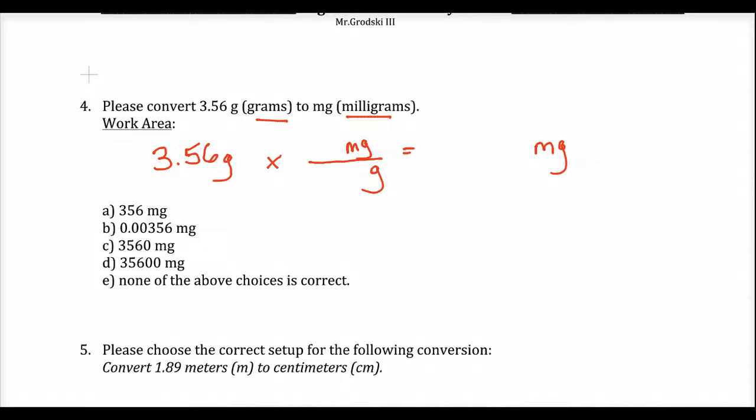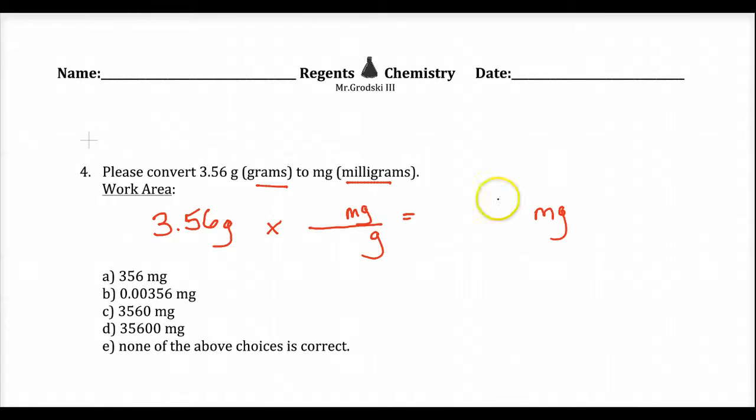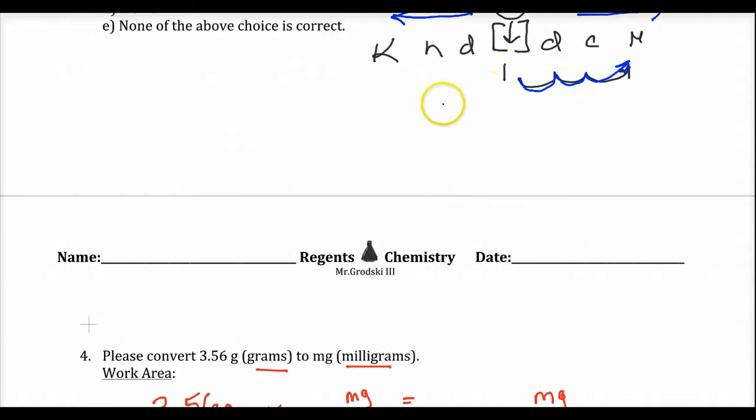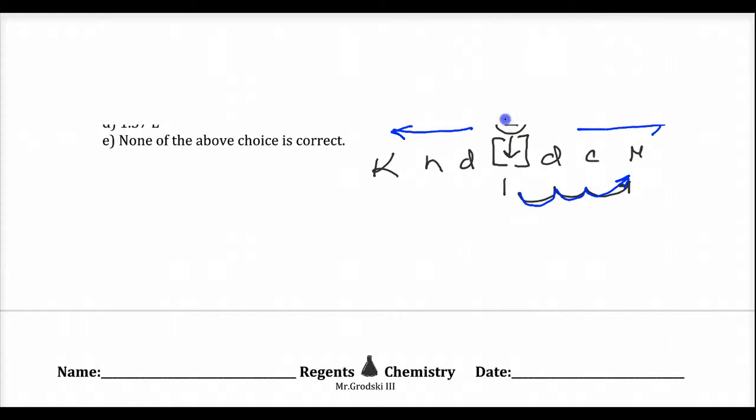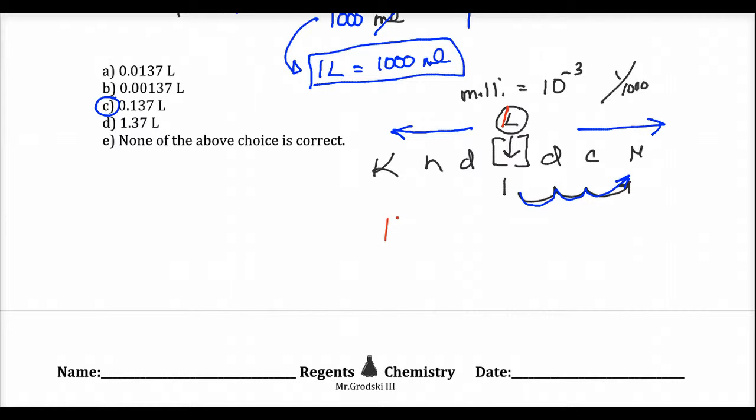Well, a gram, go back to your mnemonic, king, no, I'll go back over here, why not? Let's be crazy and go back. Instead of having a liter right here, let's erase that because that's kind of confusing. So instead of having a liter fitting in this box, we would have a gram.